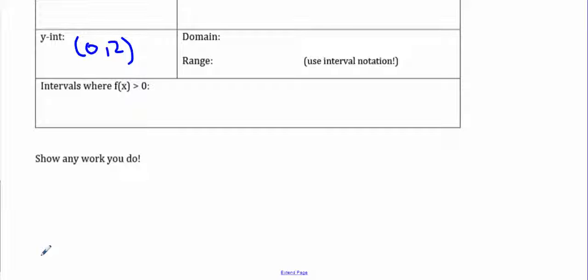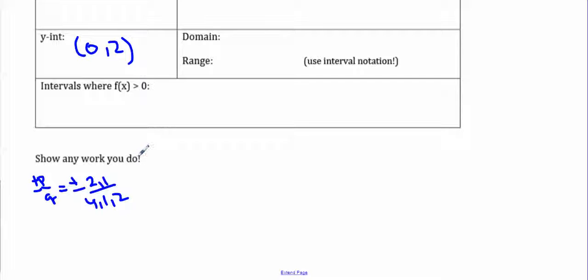When we look for our possible ones, again, it is plus or minus the factors of the constant term, which is P, over plus or minus the factors of Q. My factors of the constant term are plus or minus 2 and 1, and the factors of 4 are 1, 2, and 4.